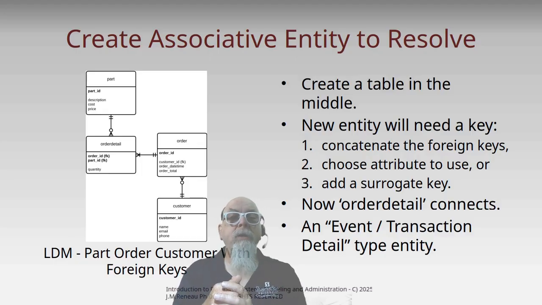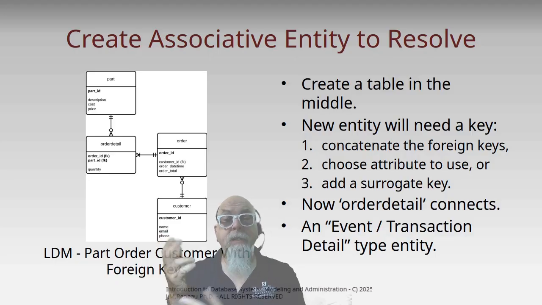So what I'm going to do here is suggest that I create a table in the middle to eliminate the many to many relationship. Now, the order detail table, you will see, has a concatenated key of order ID and part ID, which uniquely identifies it.